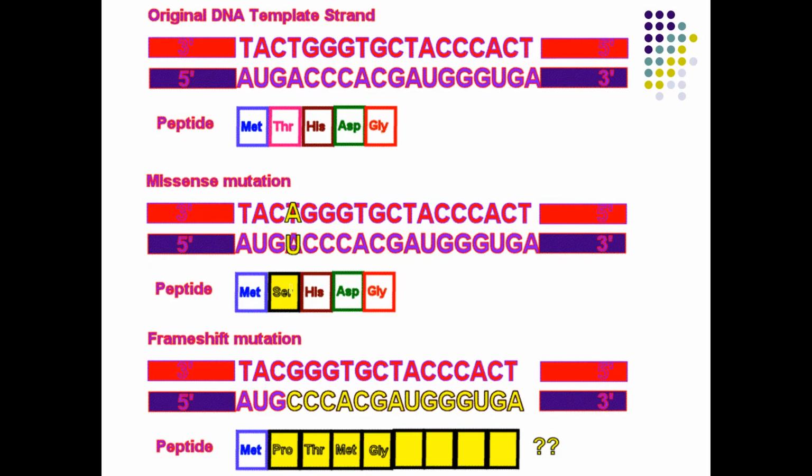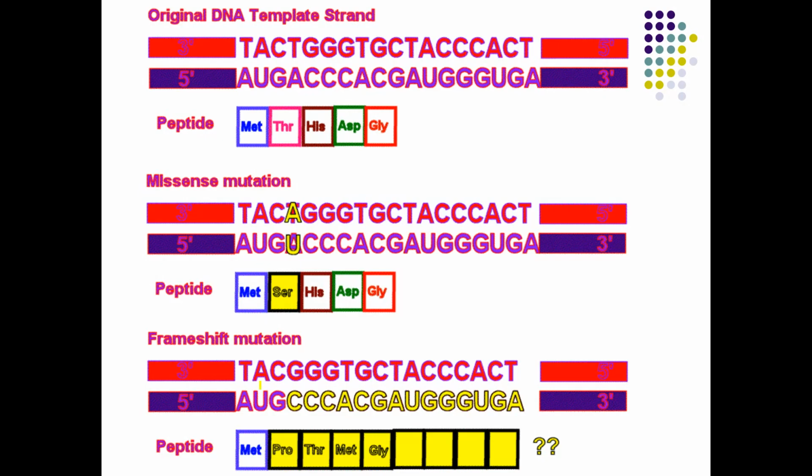Notice everything is the same except for this one amino acid. Now, that could still be problematic because that protein's not going to fold the exact way that it should, possibly. Okay, so it may or may not have a great effect. It depends on what the amino acid is, what the chemical properties are. But you can see here that we only had one amino acid changed.